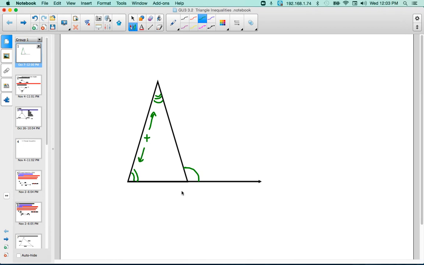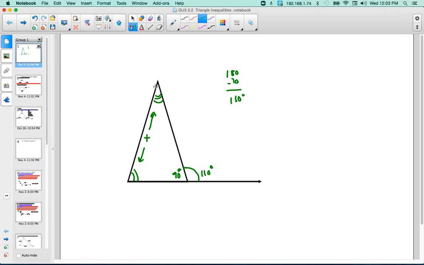And if you think about it, that makes sense. Like if I look at this angle here, it's a 70-degree angle. This angle down here is 70 degrees. Well, to find the green angle on the outside, I would do 180 minus 70, which makes it 110 degrees. So this green angle is 110.